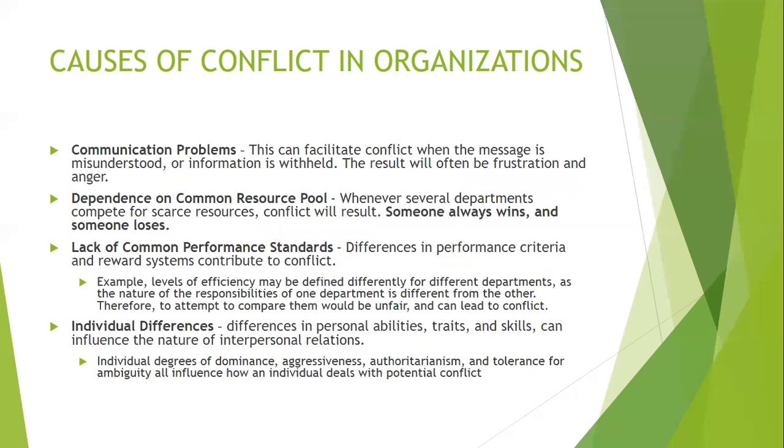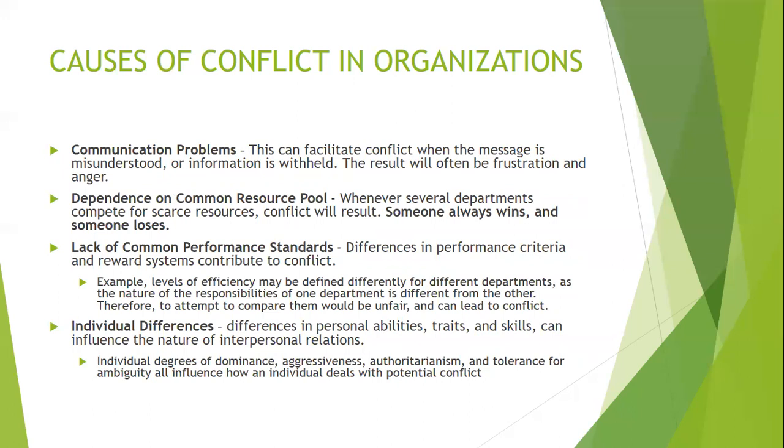Then we also have communication problems. This can facilitate conflict when the message is misunderstood or information is withheld. We discussed some of these issues with regards to problems in communication in previous lessons. This kind of situation can result in a lot of frustration and anger amongst different parties.